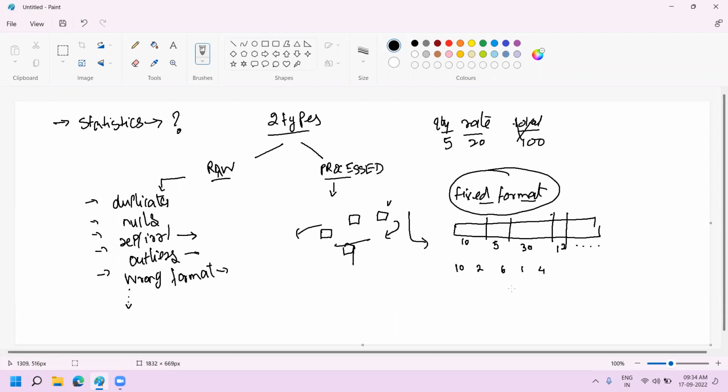Where there should be 10 characters, that is going to fit properly. Where there are 5 characters, it will take the first 2, which is the right one. Then it takes the next 3 of a different field. So you end up with wrong information. These are wrong formats, and this can cause a problem with your data set.